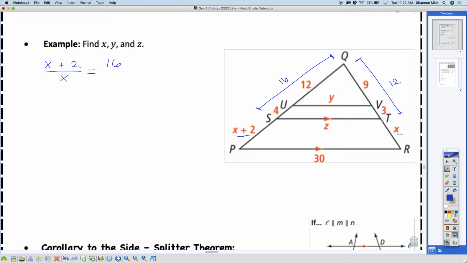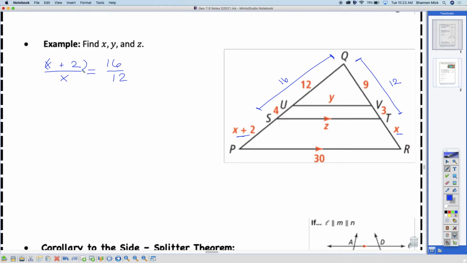12, the QT. Now, could I have written X plus 2 equals X and 16 over 12? Yeah, I could have done it that way as well. And now I just cross multiply and solve it like any of these problems that I've been doing for 2 weeks, correct? Yeah. What do I have to remember with this X plus 2? To distribute. Can I reduce 16 and 12 before I go?